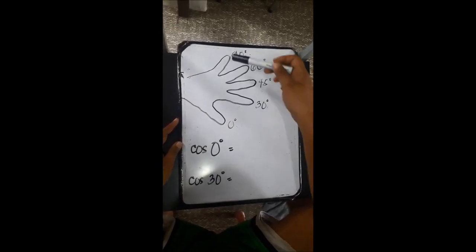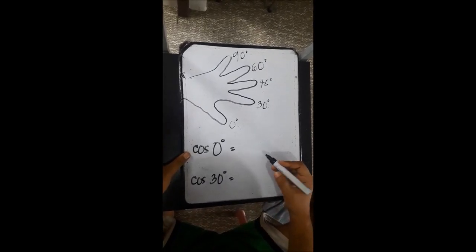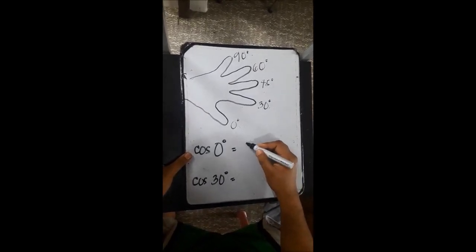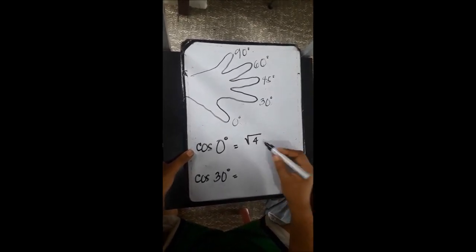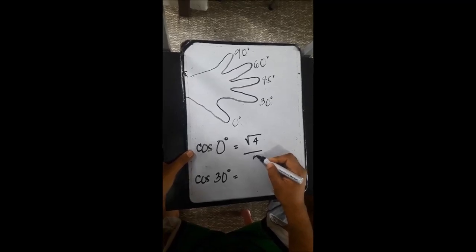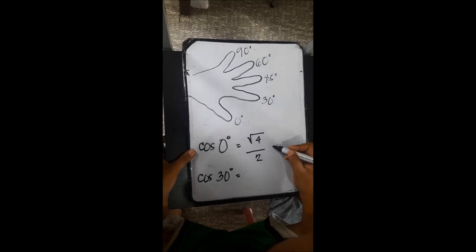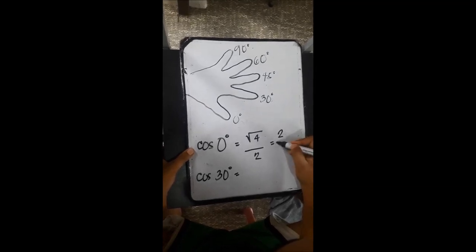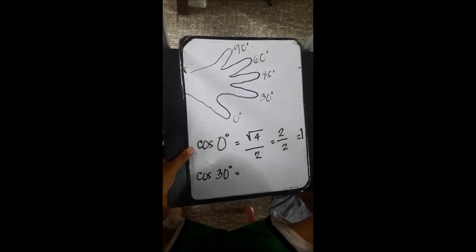So counting, we have 4 fingers. So on our numerator we will have square root of 4 for 4 fingers, and we always have 2 as our denominator. And simplifying this, square root of 4 is equal to 2, and that's 2 over 2, or that's 1.